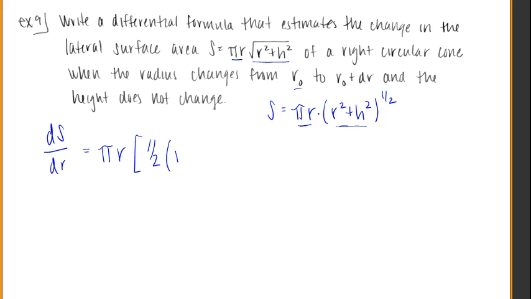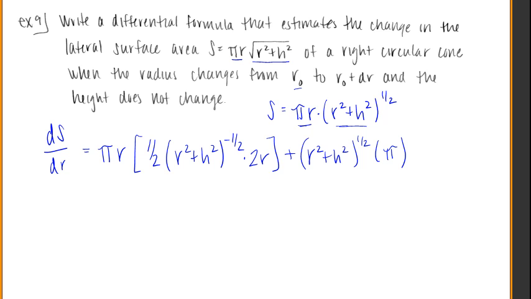So 1/2 times r squared plus h squared to the negative 1/2, and then times the derivative inside. And the derivative inside is just going to be 2r, because remember h squared is just like a constant, it would be just a number. So it's the first times the derivative of the second plus the second times the derivative of the first, which is just pi.